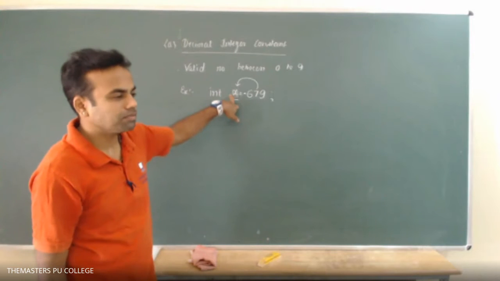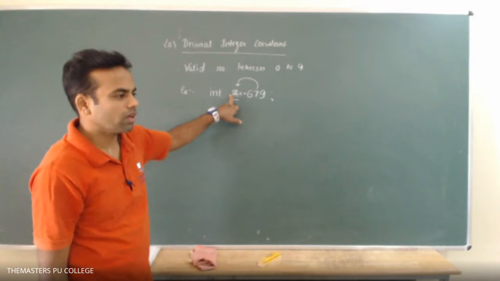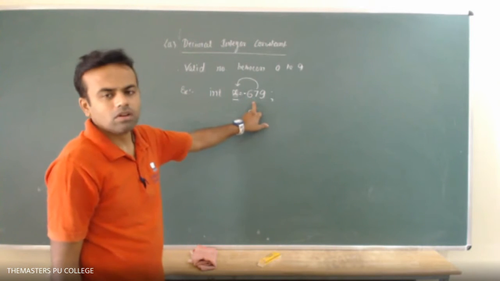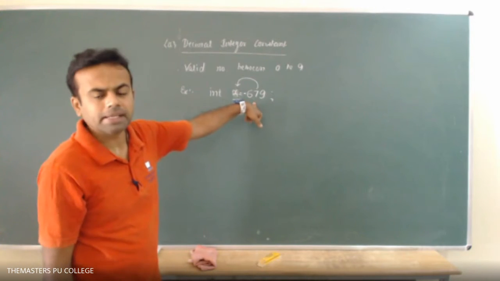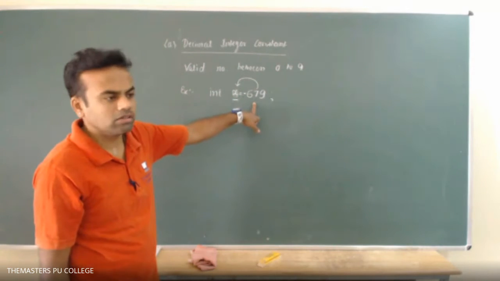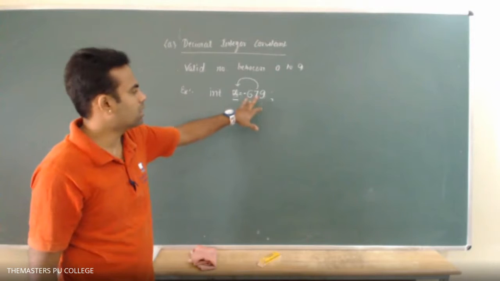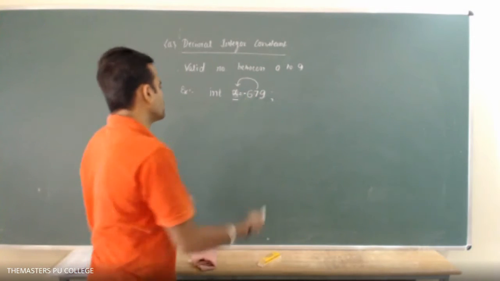Next, what is this? Identifier or variable. What is this constant? A negative decimal integer constant, since we have written the negative sign.